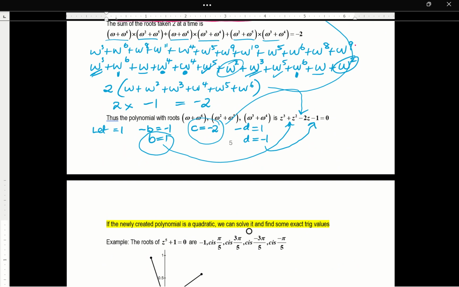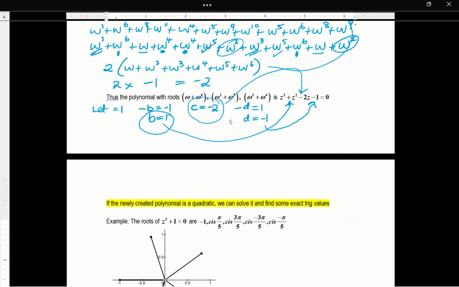And they happen to be conjugates, so when you add them, you get twice cos 2 pi on 7. So in fact, one of the roots of that polynomial we've created is 2 cos 2 pi on 7. And you could work out the other roots of that polynomial as well.